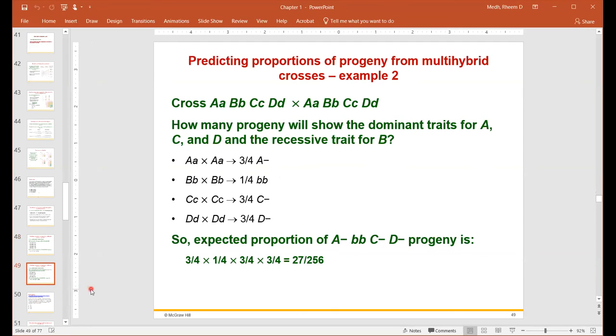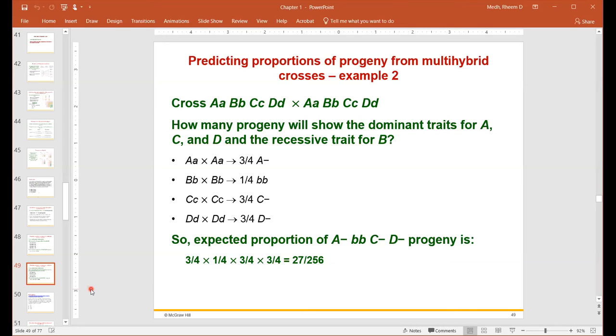Now, it's the same cross, so we use the same information of the 4 individual crosses, but how many progeny will show the dominant traits of A, C, D, and recessive for B? So they're asking us A, B, C, and D. They're asking us this.